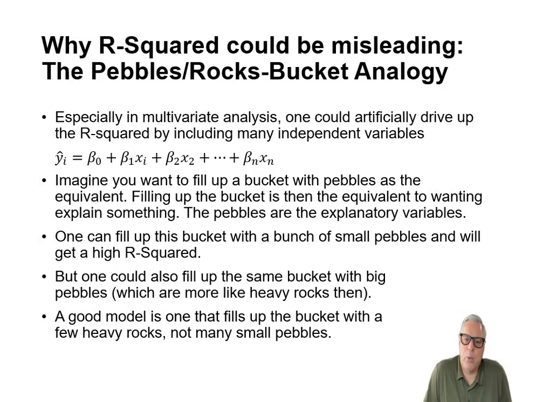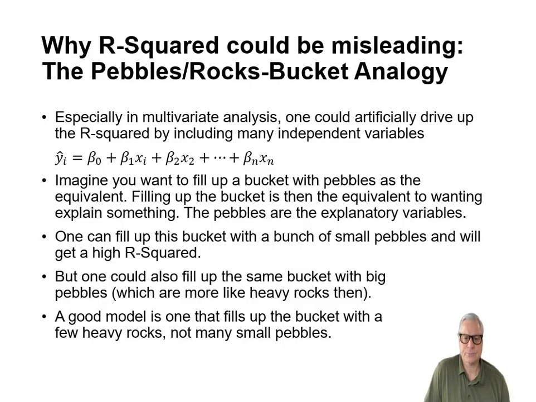So again, why the R squared could be misleading, and I like to illustrate it with the pebbles and rocks bucket analogy. Especially in multivariate analysis, one could artificially drive up the R squared by including many independent variables. This is what I just tried to illustrate.